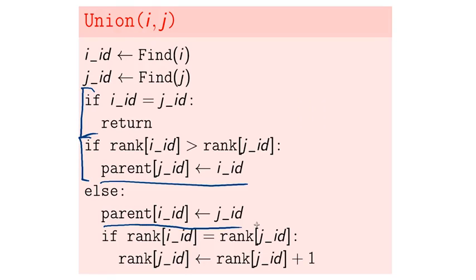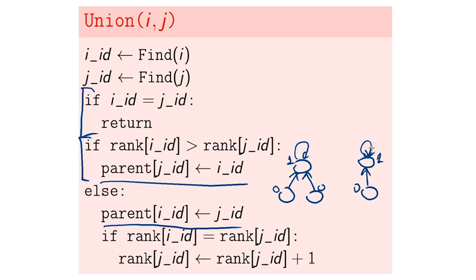Let me illustrate this again with a small example. Assume that we are merging the following two trees. In this case, the height of these two elements and this element is 0, and the height of this element is 1. So in this case, the ranks of the corresponding roots are equal.